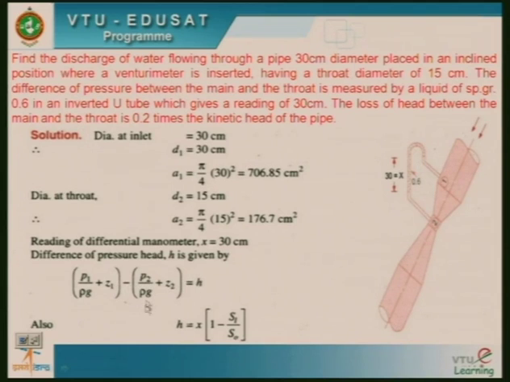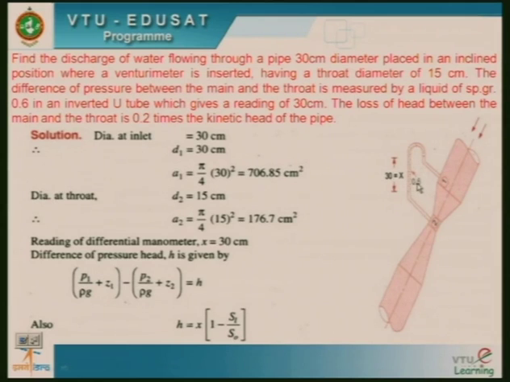This is one equation. The next equation is, remember, water is flowing in the pipeline, the specific gravity of water is 1, whereas the fluid present in the inverted U tube has a specific gravity of 0.6. Again I repeat, the specific gravity of water is 1 and that of the fluid present in the inverted U tube is 0.6.